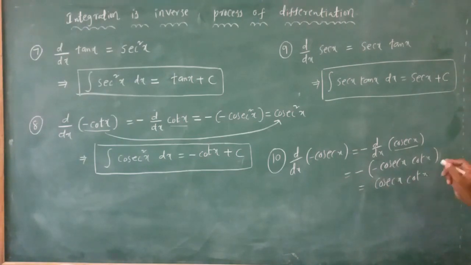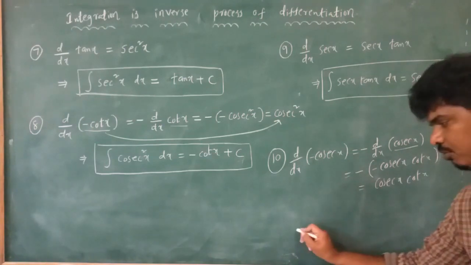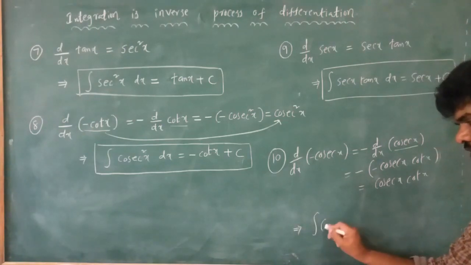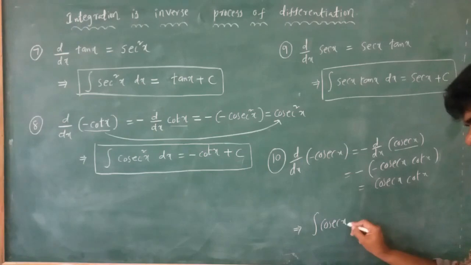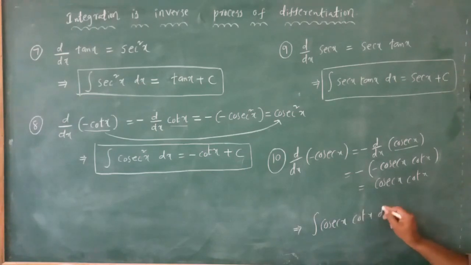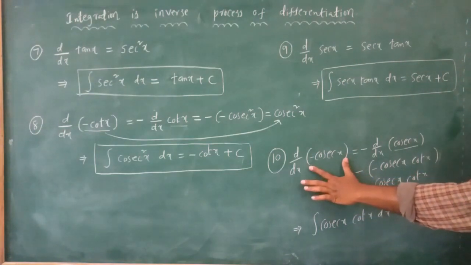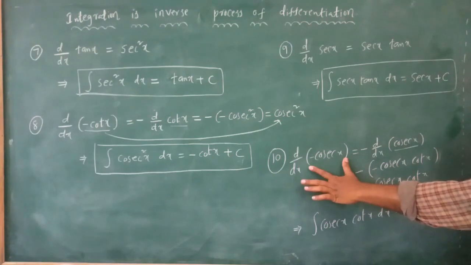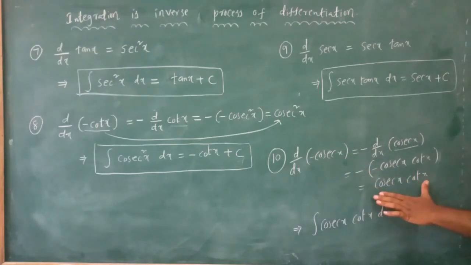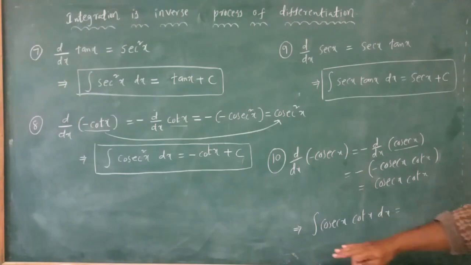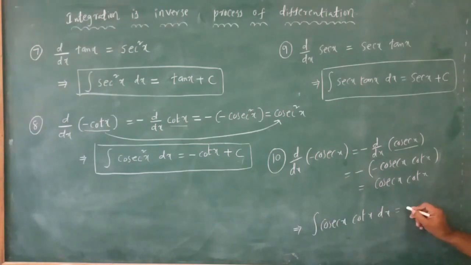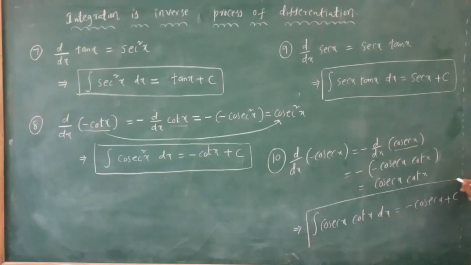Cosecant x cot x. So what we get from this? Just observe, the derivative of minus cosecant x with respect to x is cosecant x cot x. Here the integral of cosecant x cot x dx will be minus cosecant x plus c. This is the 10th formula.